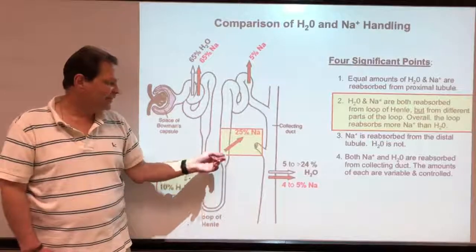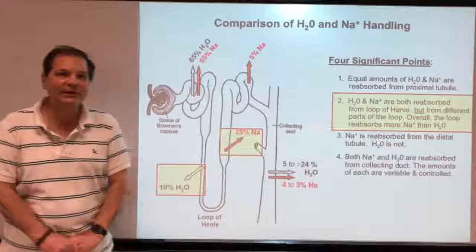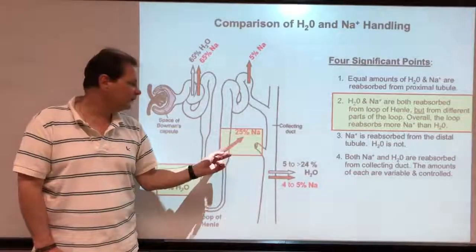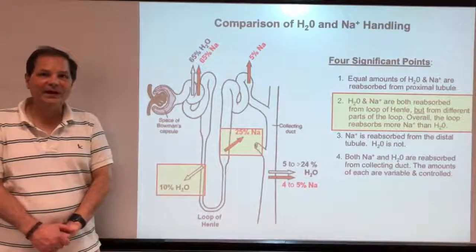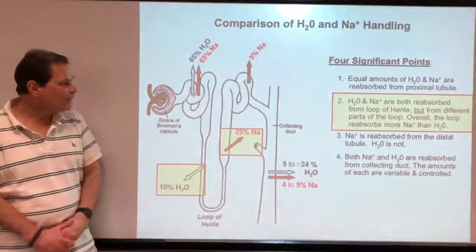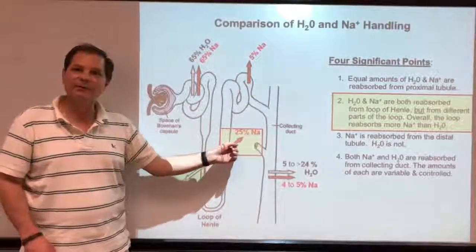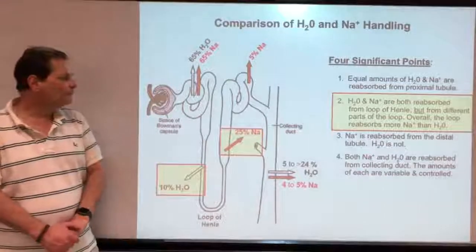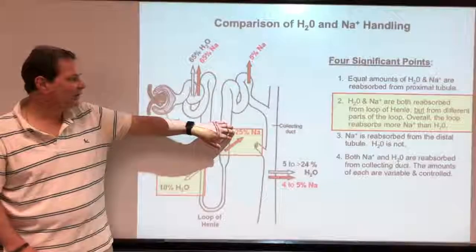Now, the ascending loop of Henle is water impermeable. Water cannot get across that membrane, but sodium can. It's transported out of the tubular fluid here by the sodium-potassium-2-chloride pump. So here, we've separated water reabsorption from sodium reabsorption. One happens in the descending part of the loop, one happens in the ascending part of the loop.